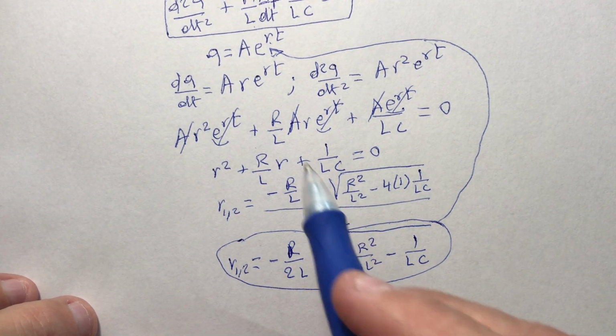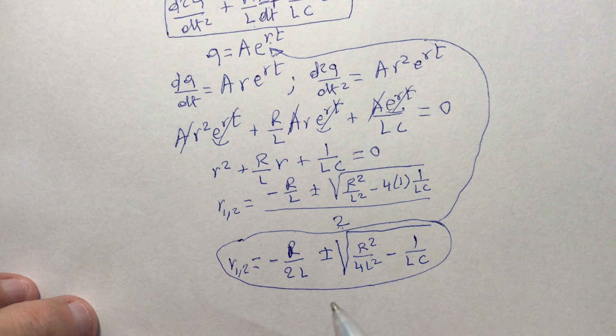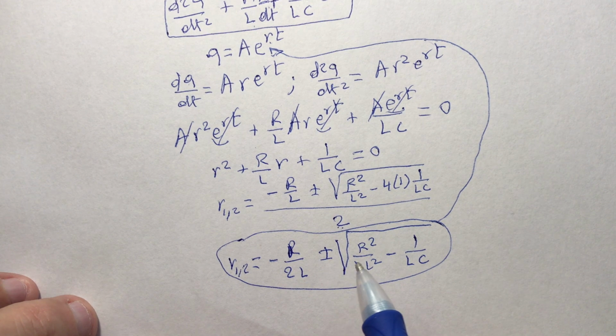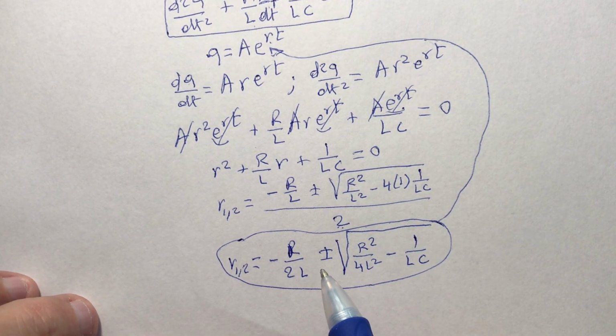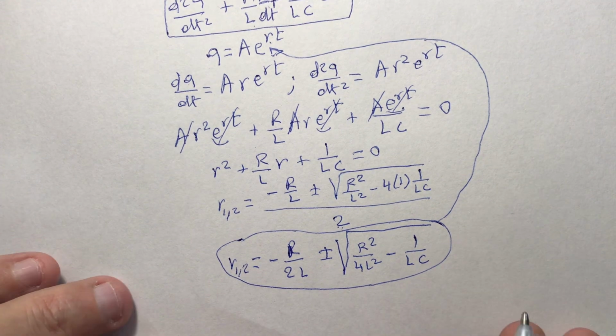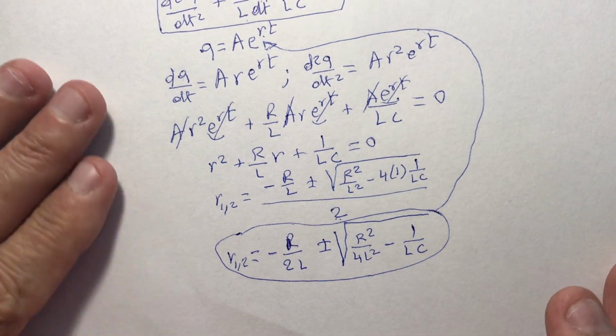But before I put it back there, I need to do one thing, because I want to have an i here, an imaginary number. So when I put it back here, I have exponential of an imaginary number, which is going to give me cosine and sine.